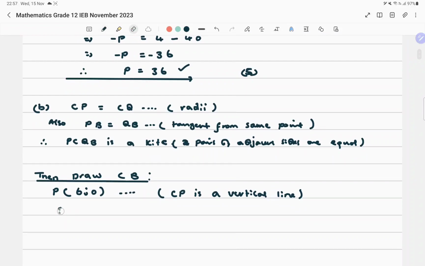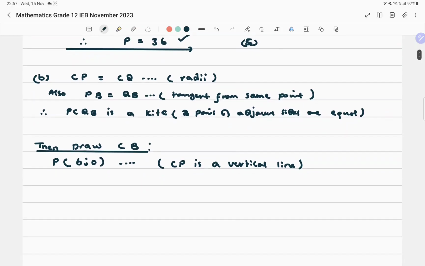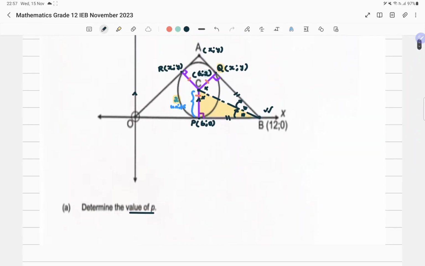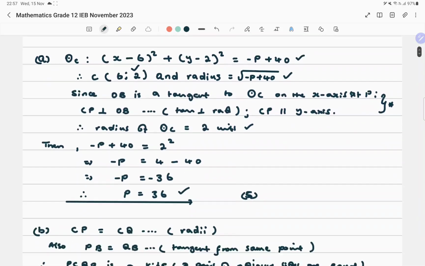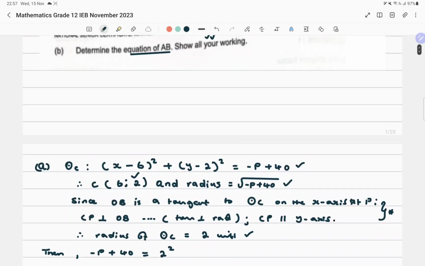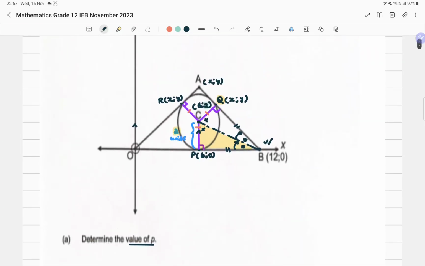Now we're applying trigonometry a little bit. So we can say tan of what angle? Sorry for the back and forth. This is CBP. Let's just call it that way. Tan CBP is equal to the opposite side, which is CP.